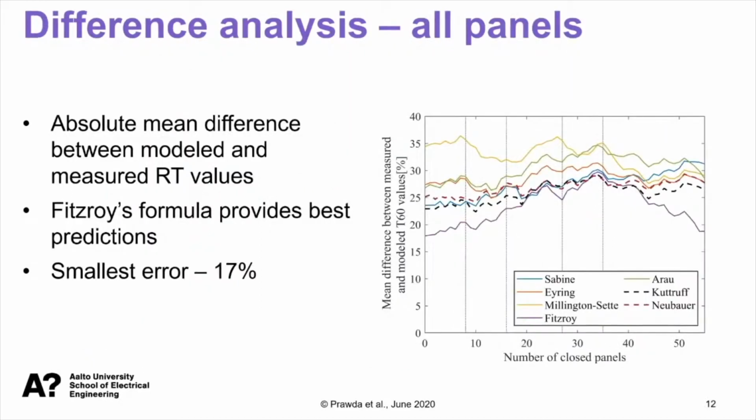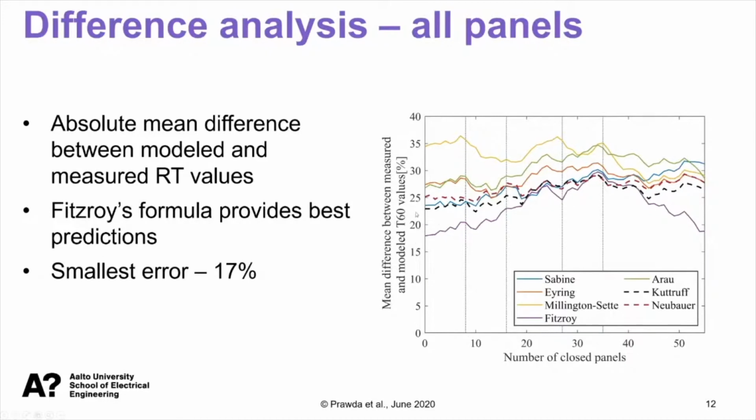So what we did next was we calculated the absolute mean difference between modeled and measured T60 values and converted them into percentage. So as you can see in this figure, the Fitzroy's formula provided the best results and gave the smallest error, which in the best case was around 17%.